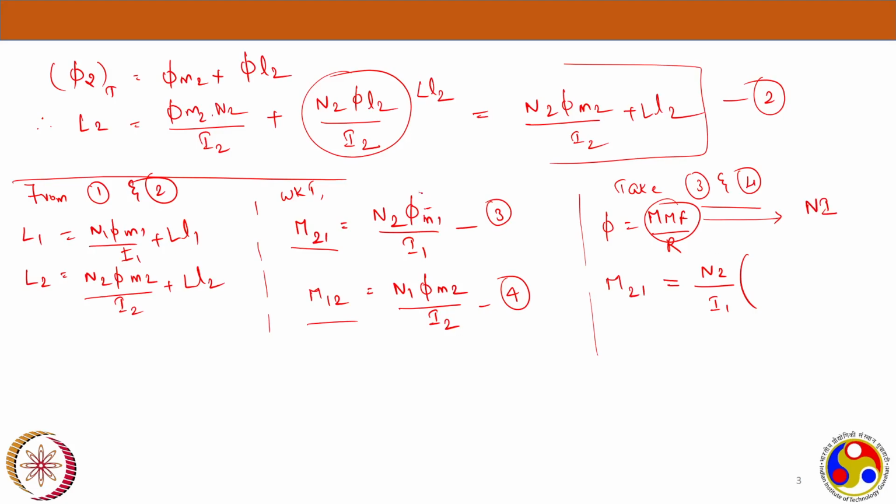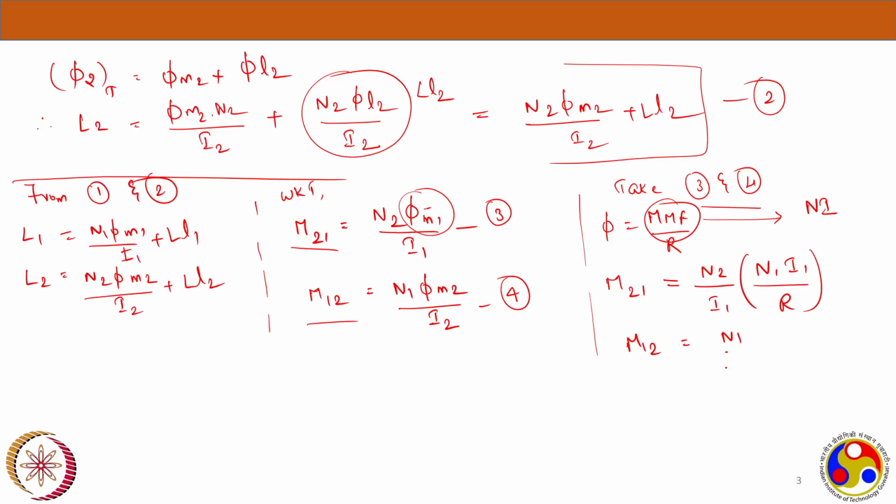Can someone tell me what is phi M1? N1 I1 by reluctance. Reluctance is the same in the core, so I'm not marking it as R1 and R2. If I assume a linear magnetic field, R should stay the same for both because on the single core we have wound both these windings.